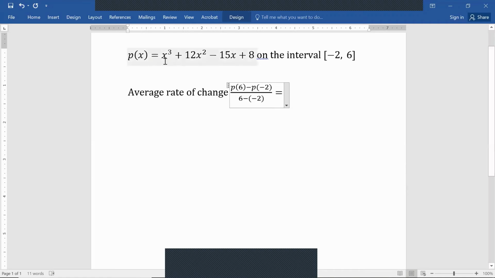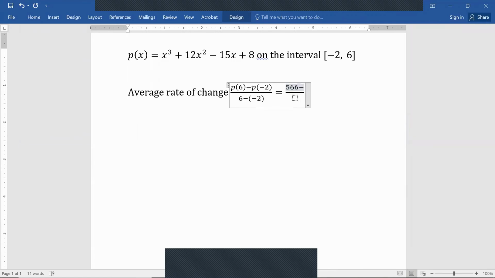Plugging in 6 into the function p, 6 cubed plus 12 times 6 squared minus 15 times 6 plus 8 gives me an output value of 566.